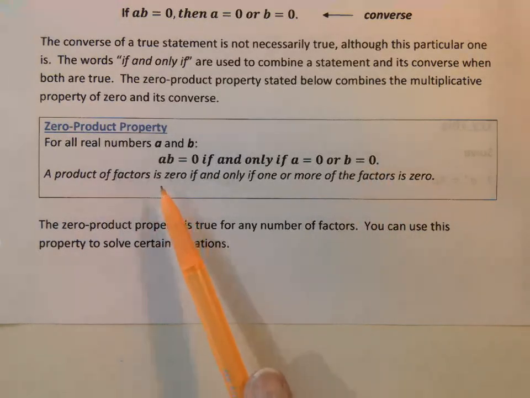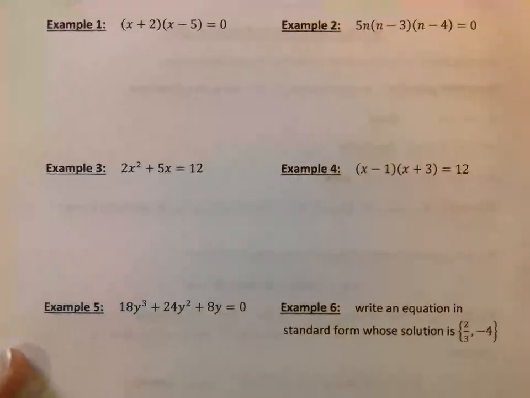So a product of factors is 0 if and only if one or more of the factors is 0. That's kind of the whole crux of solving these polynomial equations. The zero product property is true for any number of factors, and you can use this property to solve certain equations. Okay, so let's get to it.